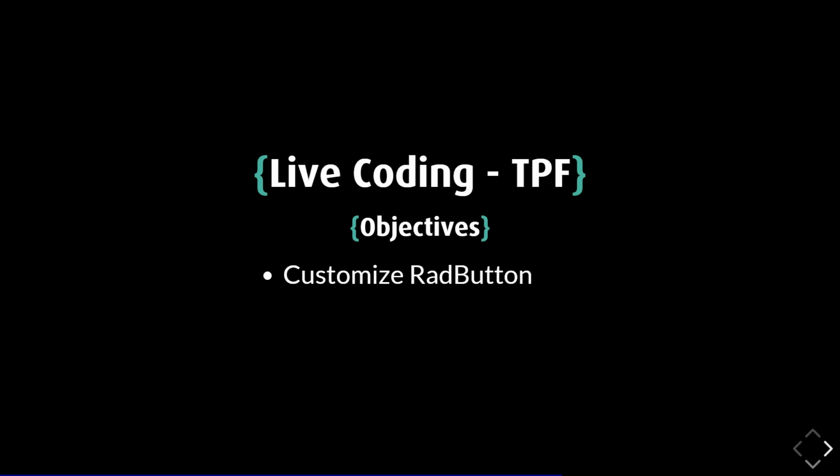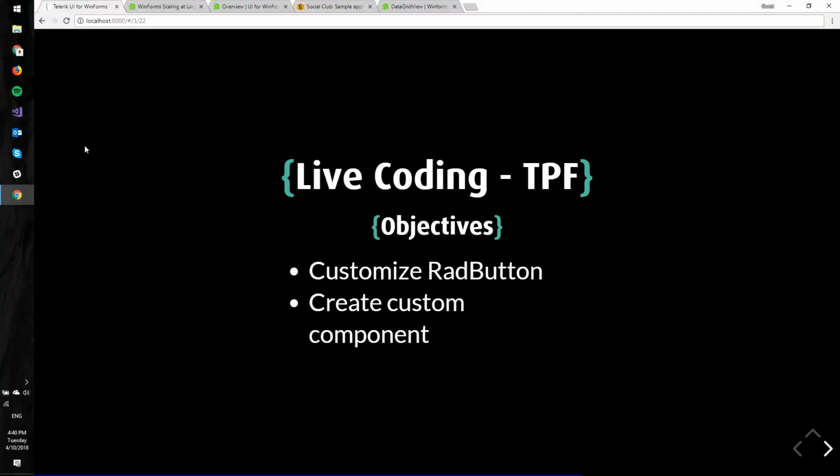Then we will customize our button using the TPF element structure. And we will also create a custom component that will display a digital clock on the screen. It's a very simple component, but it will show us the TPF advantages. Okay, so let me open up Visual Studio here.